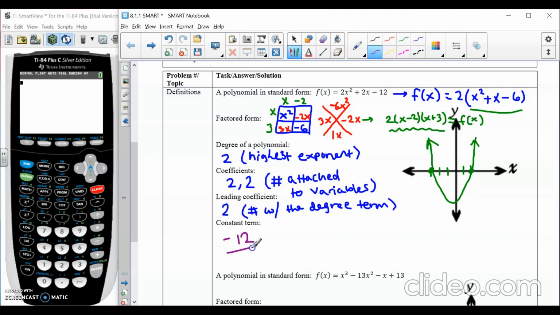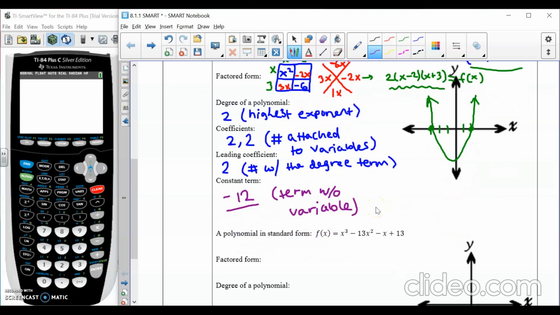It will always stay constant. Term without a variable. Your constant is never ever going to have an x associated with it.